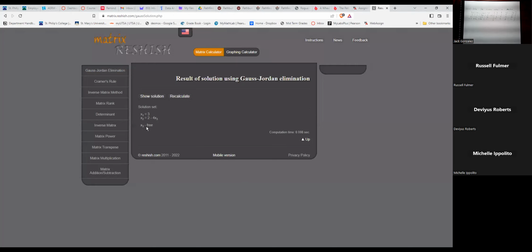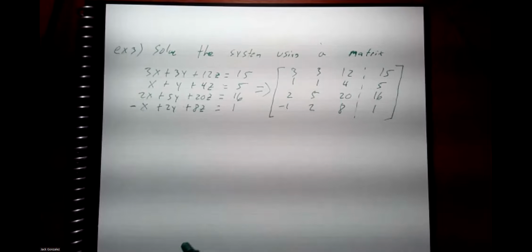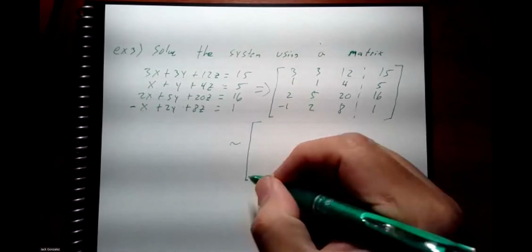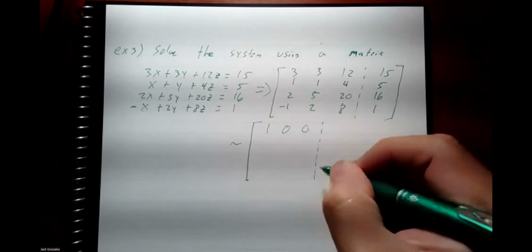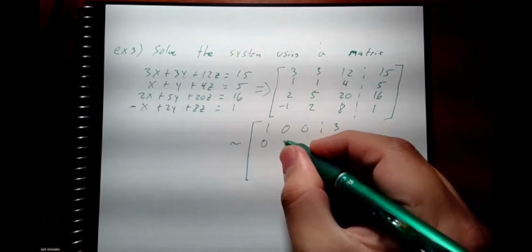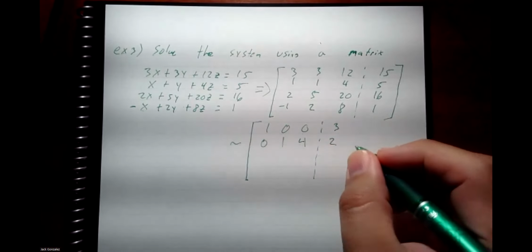So see how they're saying x3 is free. This is what you're going to do. Once you solve this, it's going to become 1, 0, 0, 3; 0, 1, 4, 2.